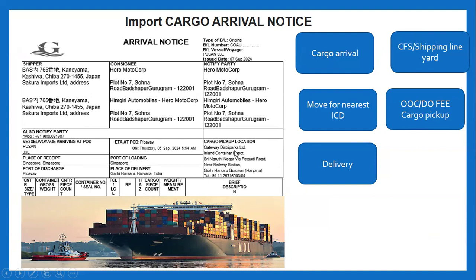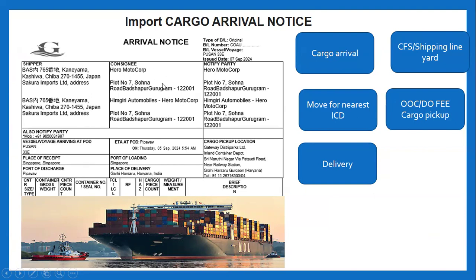So the main thing is to understand what the actual procedures are, how the shipping line nominates the CFS. It may be its own or a third party. So here is a third-party CFS, which does not belong to the shipping line. And after that, these containers will go to the importer factory.